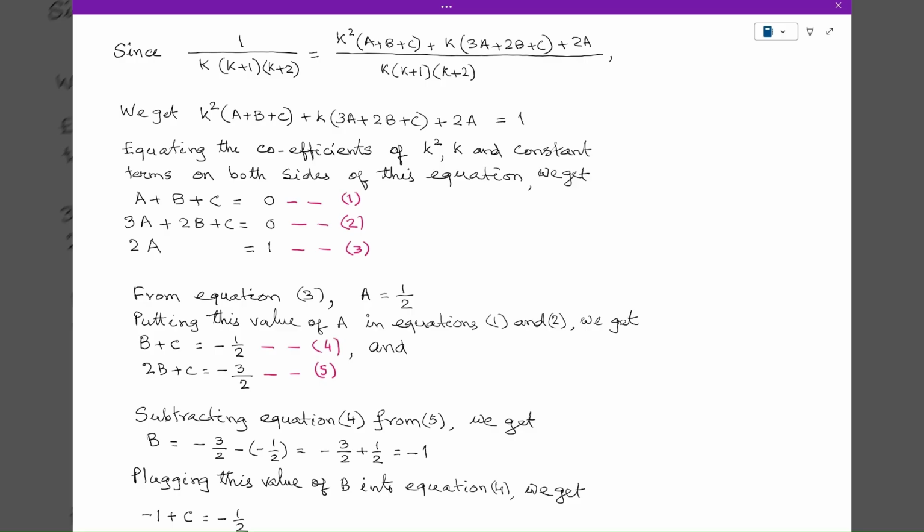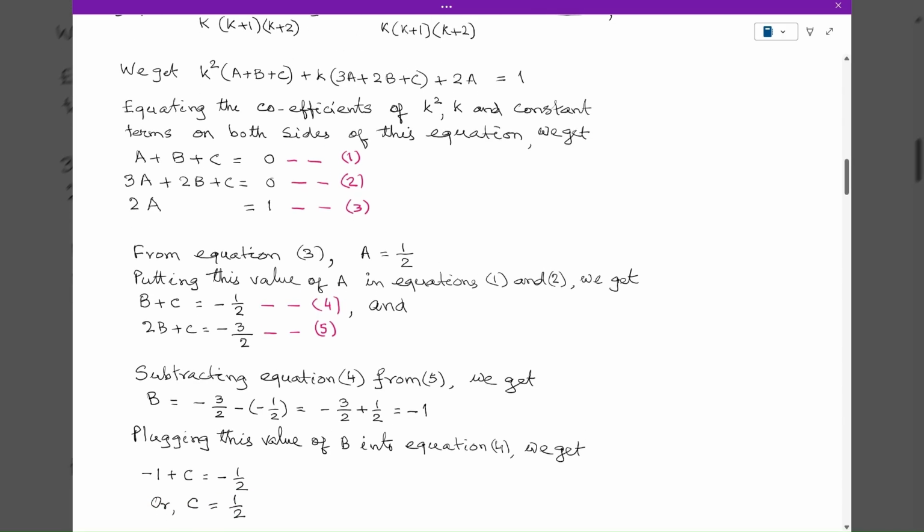Subtracting equation 4 from equation 5, we get b is equal to minus 3 by 2 minus, within bracket, minus half, that is equal to minus 3 by 2 plus half, and that is equal to minus 1.